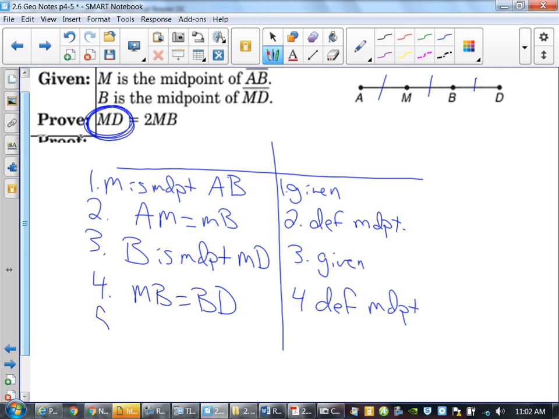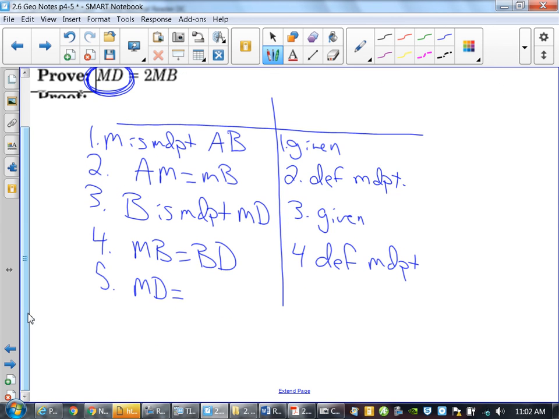MD is made up of what two segments? MB plus BD. Why? Because you're adding two smaller segments to make a larger one. That's the segment addition. So there's your segment addition.